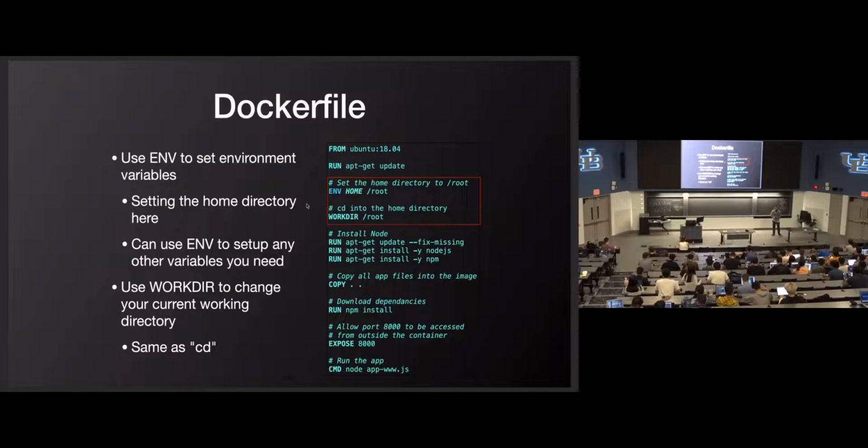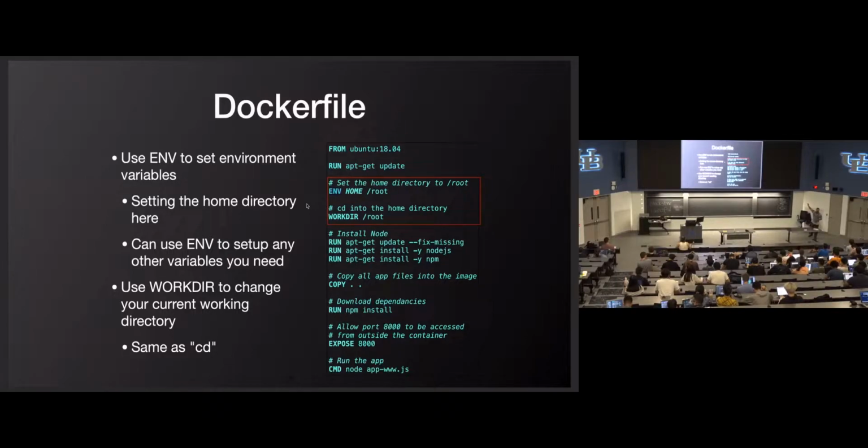Oh, okay. So by default it's root, so we can just use that to set the environment variables and working directory? Yes. Well, by default, I don't actually know what it would be. I always set these so I don't have to think about what the default is. So I don't know what the default home directory is. It might be /root for all I know. But this way, I know what the home directory is going to be.